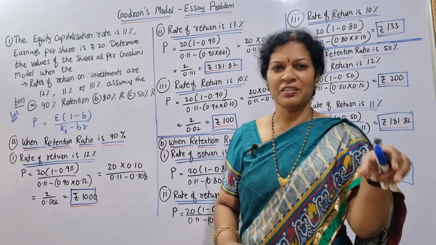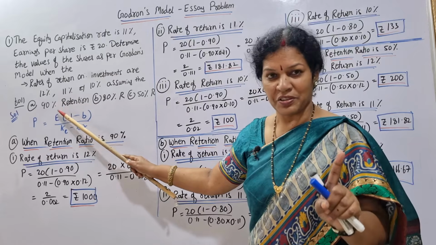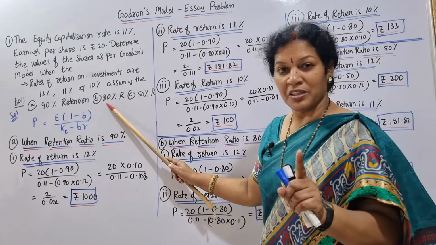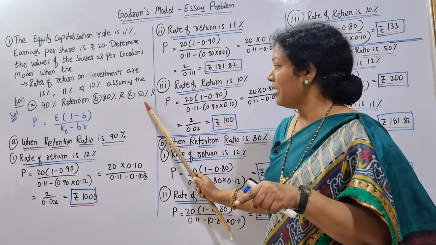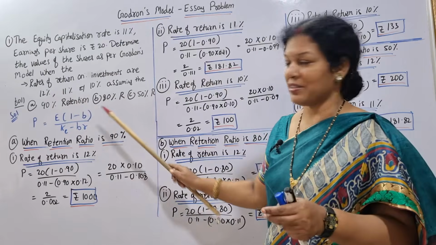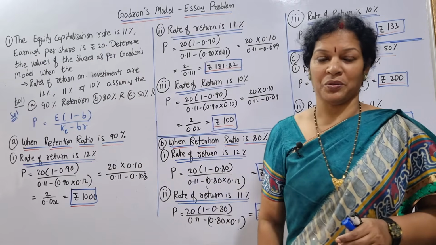Assuming that retention of the dividend is 90%, that is the first bit. The second bit is if we retain 80%, and the third if we retain 50%. Three ways we have to work out.